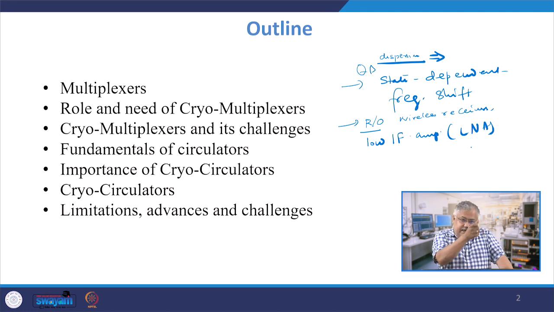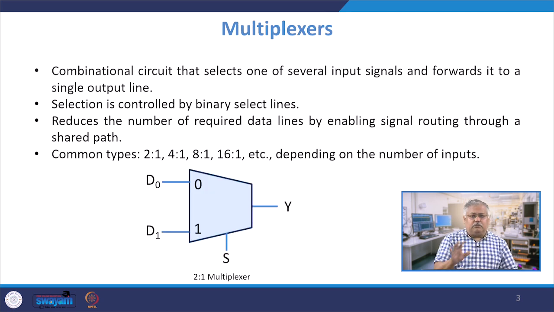Now, these need to be matched properly, and one of the important aspects for readout circuitry which comes into the picture is basically known as multiplexers, to keep this digital idea here. So, let us look at the multiplexers.